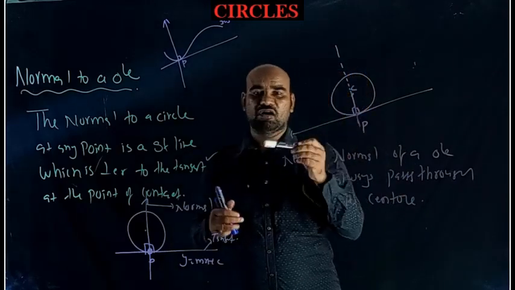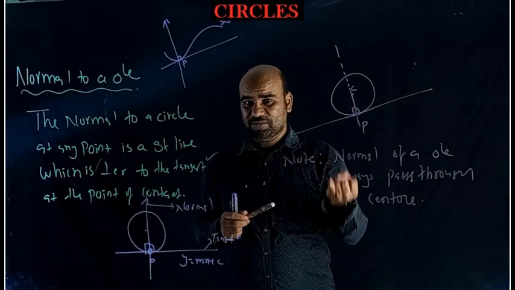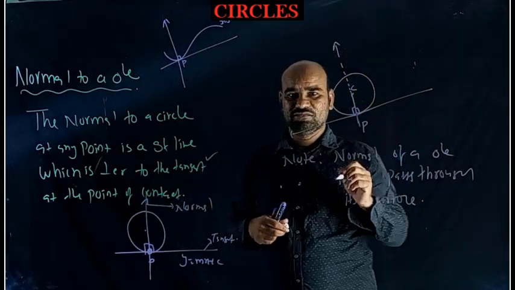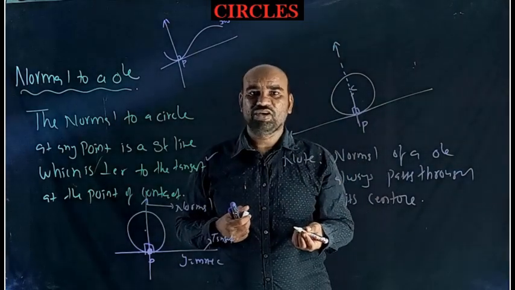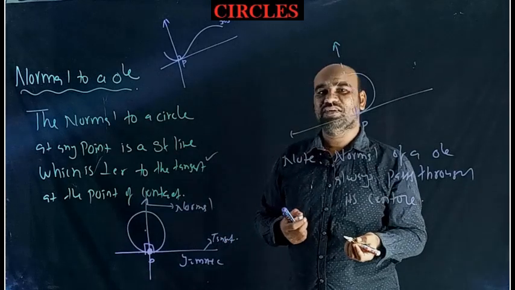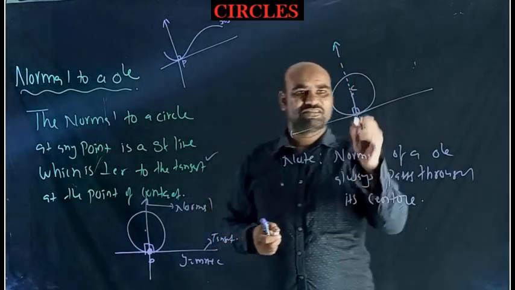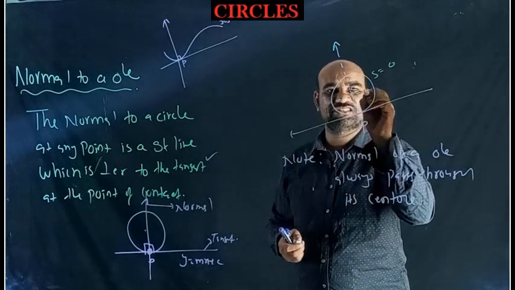Now we observe how to find the equation of the tangent. Slope form is there, point form is there. But how to find the equation of the normal? We have several formulae in some standard books, but no need to memorize the formulae to find the equation of the normal. See here, if S equal to 0 is given, the center is nothing but minus g comma minus f.